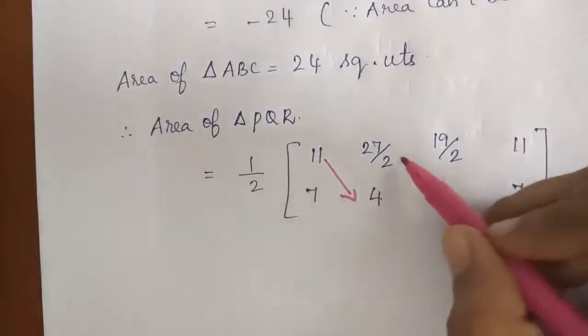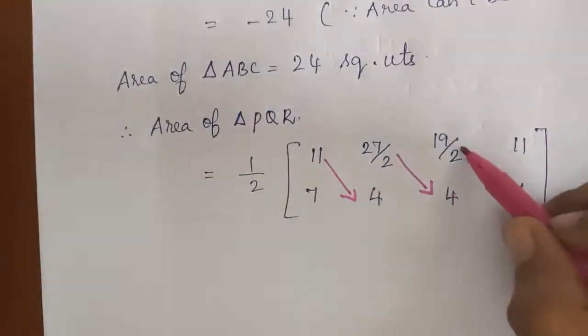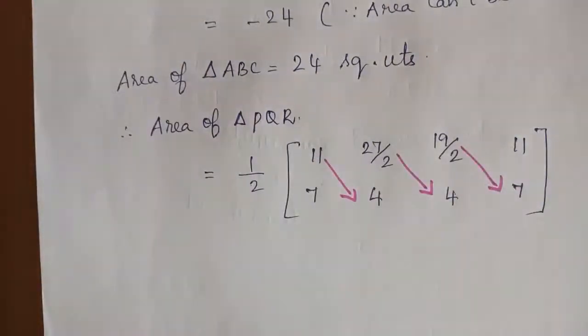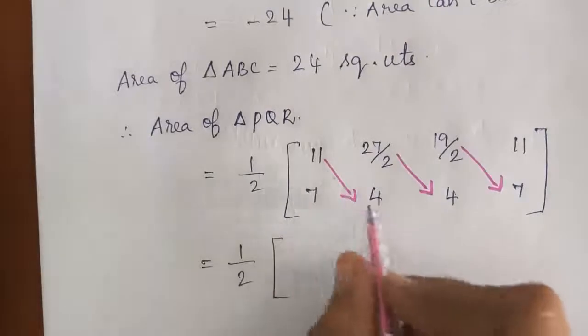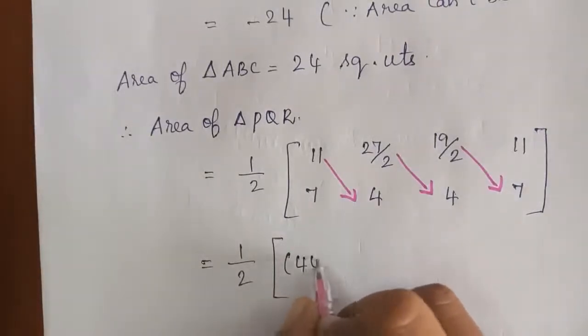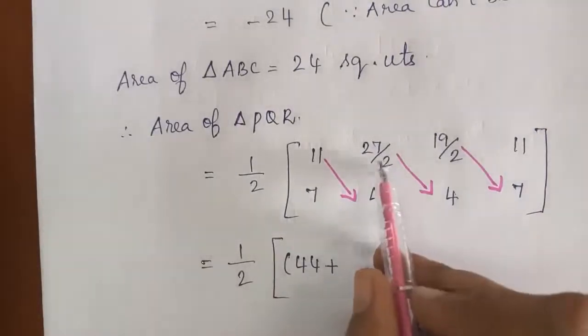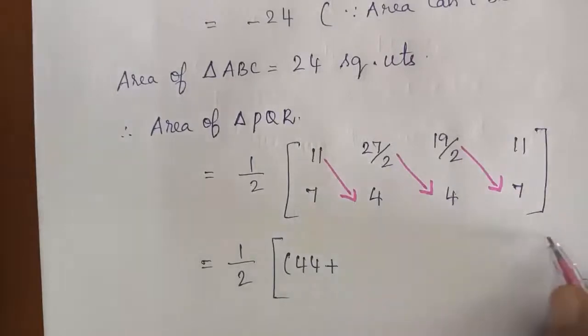So 11 into 4, 27 by 2 into 4, 19 by 2 into 7, which is equal to 1 by 2 into 11 into 4 is 44, plus 27 by 2 into 4. So 27 divided by 2 into 4, the 4 gets cancelled, remaining 2.